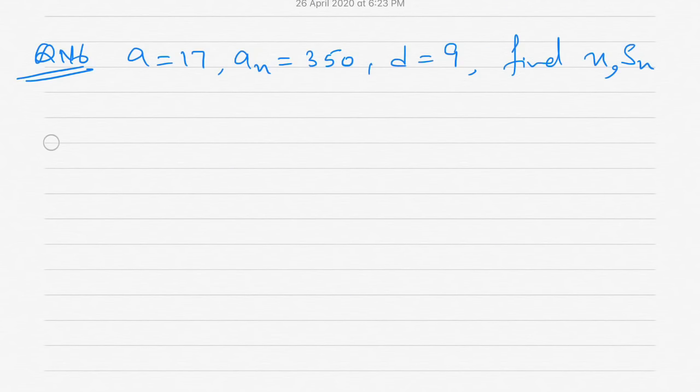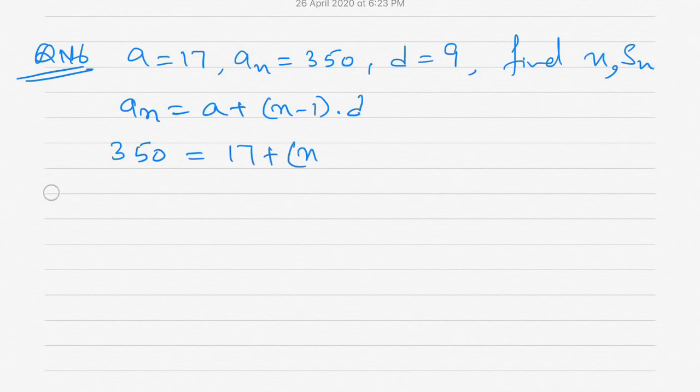Now question number 6. a is 17, an is 350, common difference is 9. We have to find n and Sn. Now first of all, let us write the formula for an. an is equal to a plus n minus 1 into d. Replace an by 350 is equal to a, which is 17, plus n minus 1 into d, which is 9.